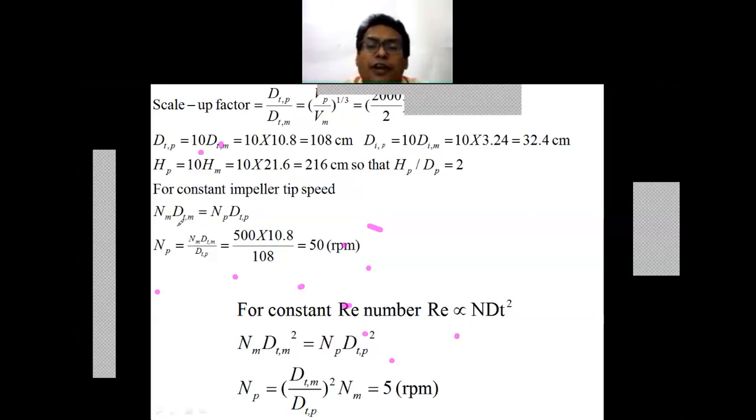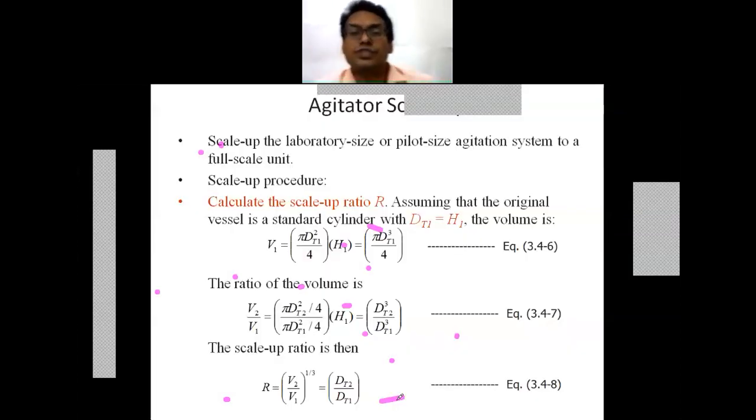Then for the constant Reynolds number, you will have N into Dt square. So this corresponds to N into Dtm square, which is equal to N into rho into Dtp square. So the speed of rotation for the prototype becomes equal to 5 rpm. This is by considering the scale up factor.